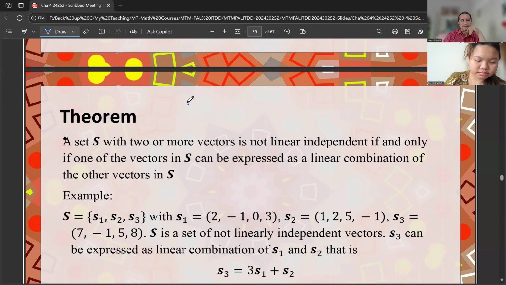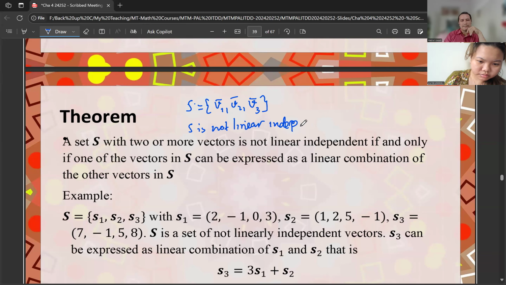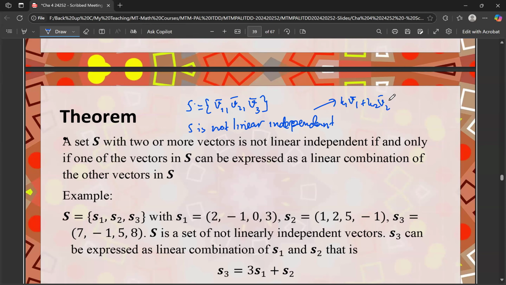For example, if S contains v1, v2, and v3, and it is not linearly independent, then we have k1 v1 plus k2 v2 plus k3 v3 equal to zero, where k1, k2, and k3 are not equal to zero.